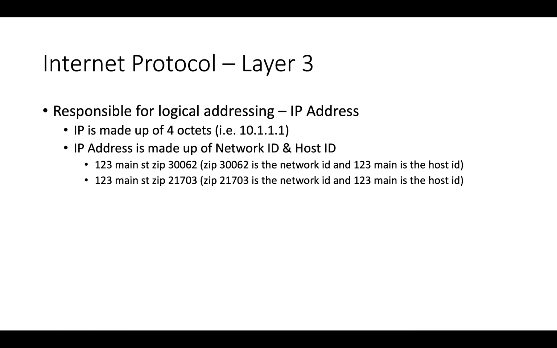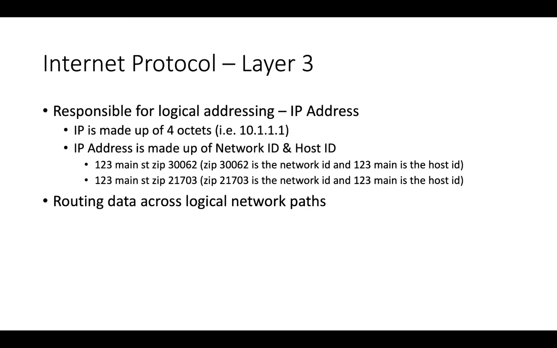So the zip code of 30062 can be compared to the network ID, and 123 Main Street would be the host ID, uniquely identifying 123 Main Street and zip code 30062 from all other 123 Main Streets throughout the United States. It's a loose analogy, but hopefully it helps you to distinguish between network ID and host ID. We will go into IP addressing, network ID, host ID, and subnetting in another session.